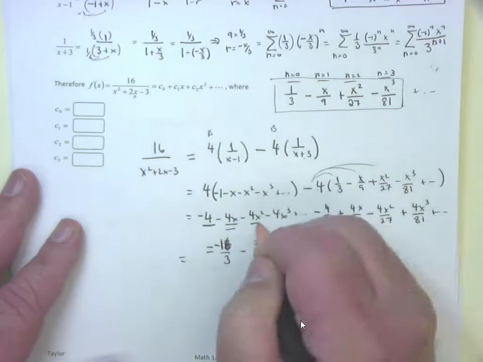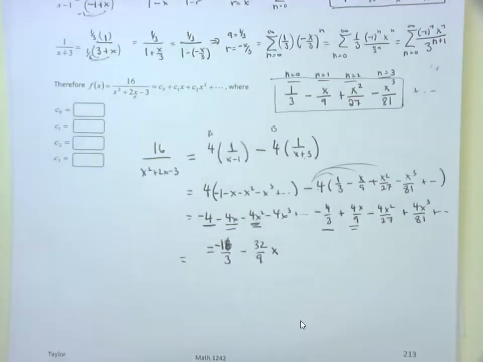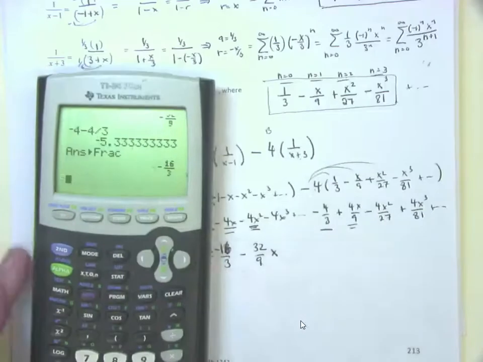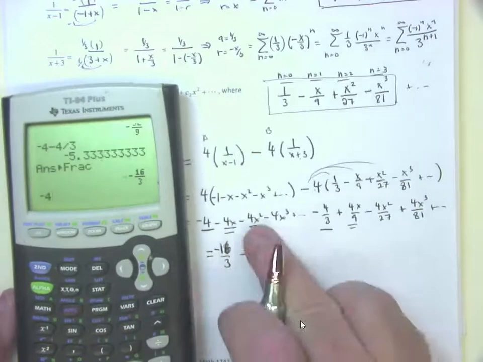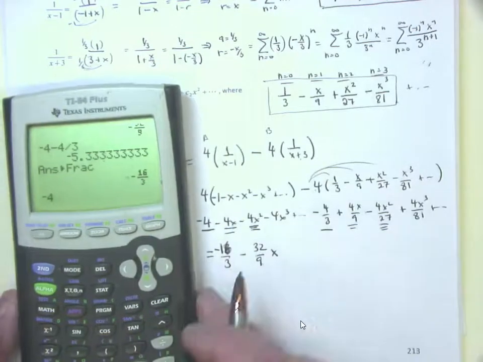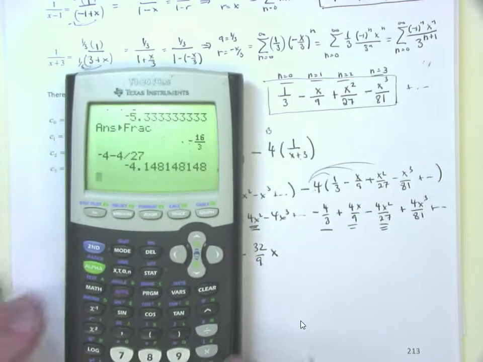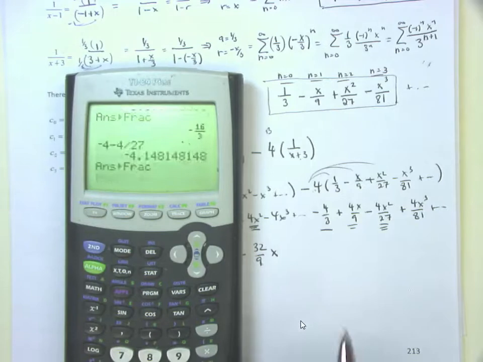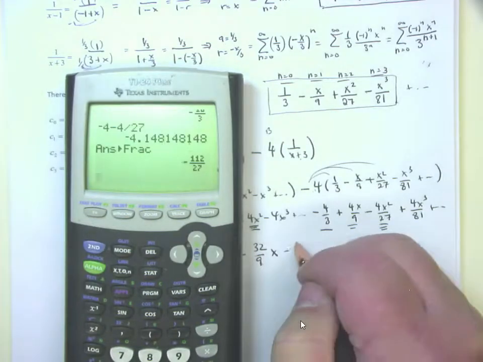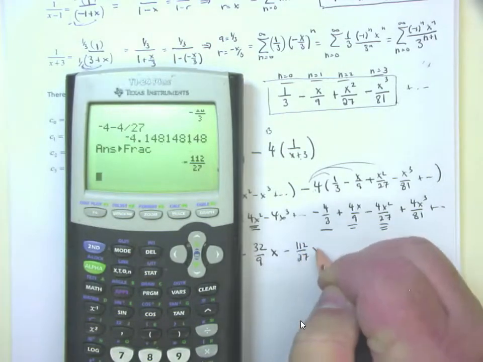Now let's go with the squares. I got negative 4, and I've got a minus 4 over 27. Minus 4 divided by 27. And that gives me a minus 112 over 27 x squared.